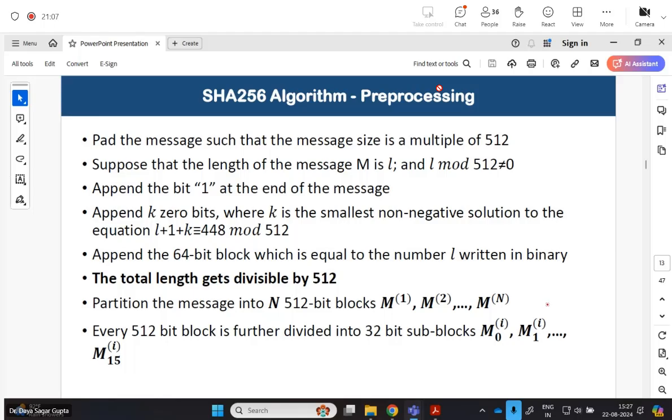Every 512-bit block is divisible into 32-bit numbers. How many such divisions will there be? There will be 16 such subdivisions. So for every M, you are going to get m0, m1 up to m15.